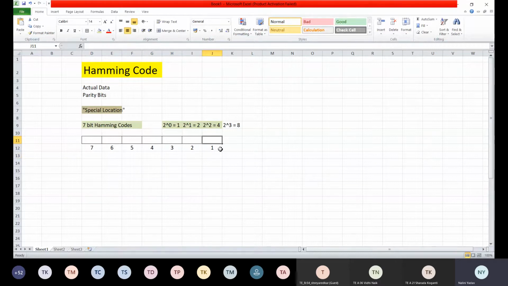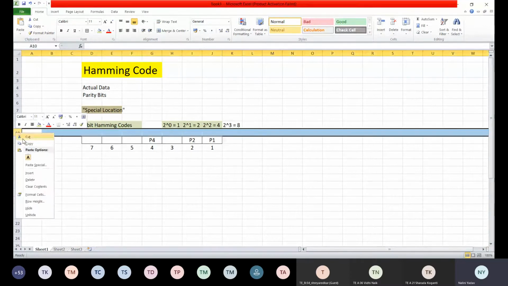With reference to 2 raised to 0, 2 raised to 1, 2 raised to 2 positions, at those reference positions I'm putting my parity bits. So this is my P1. P1 will be at 2 raised to 0, P2 at 2 raised to 1, and here we will have P4. Understood the position of parity bits? I hope you understood this. These are my parity bit positions.